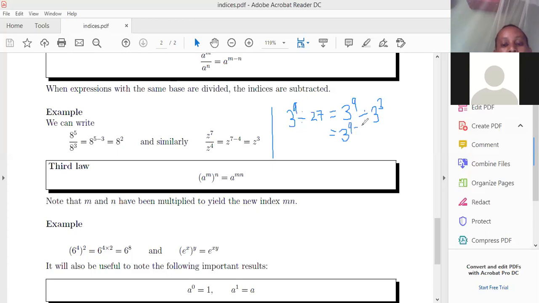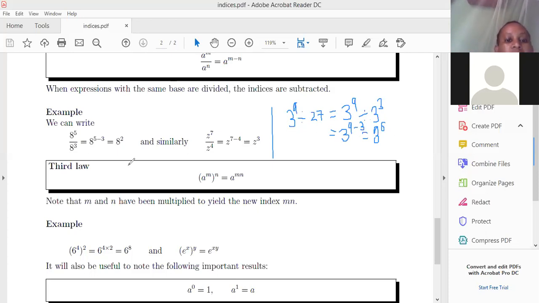The power on the numerator minus the power on our denominator. And lastly, you can't leave your work like this. You end up having 3 to the simplified form to the power of 6. But finally, you can work on this using the calculator.